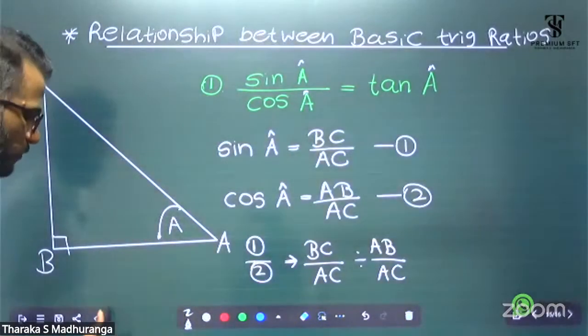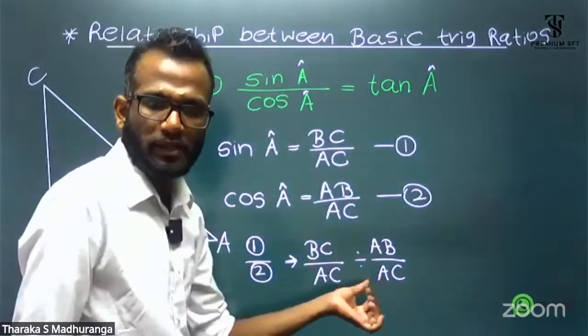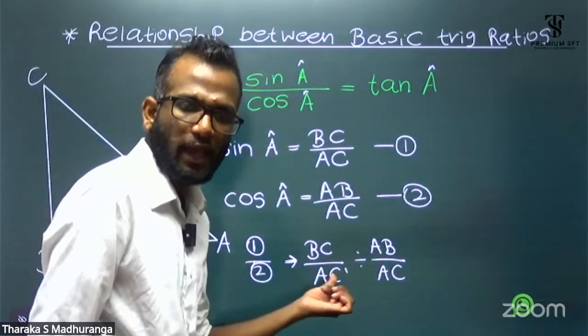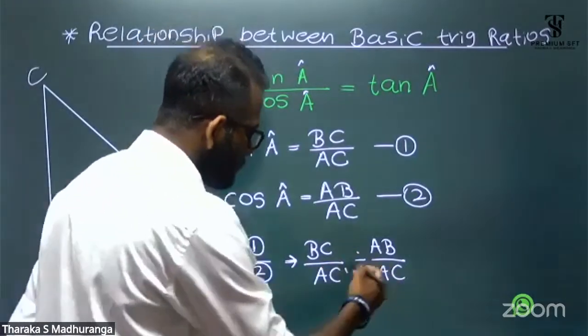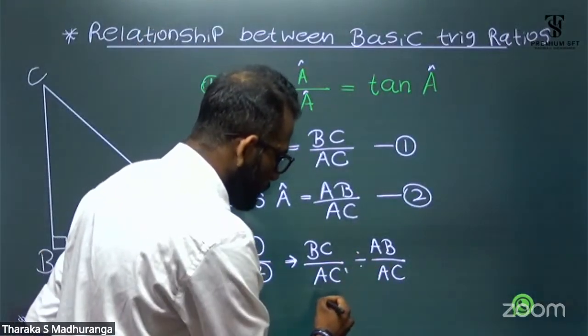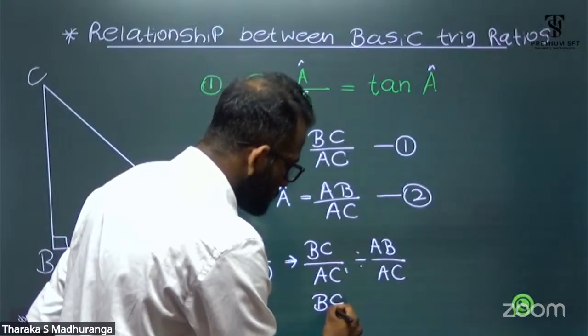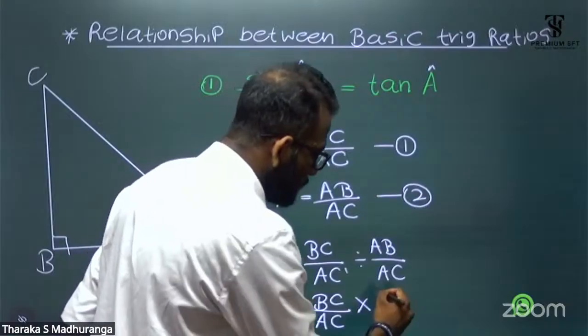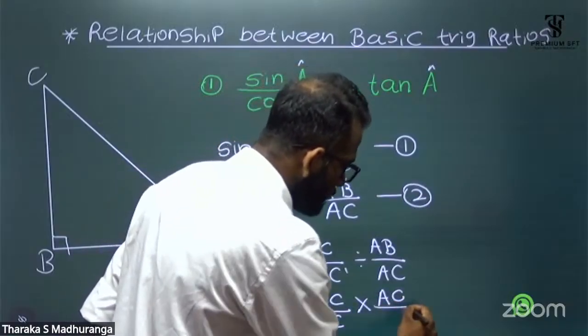For divide we don't have a method. Therefore, I am going to multiply by the reciprocal: BC over AC multiplied by AC over AB.